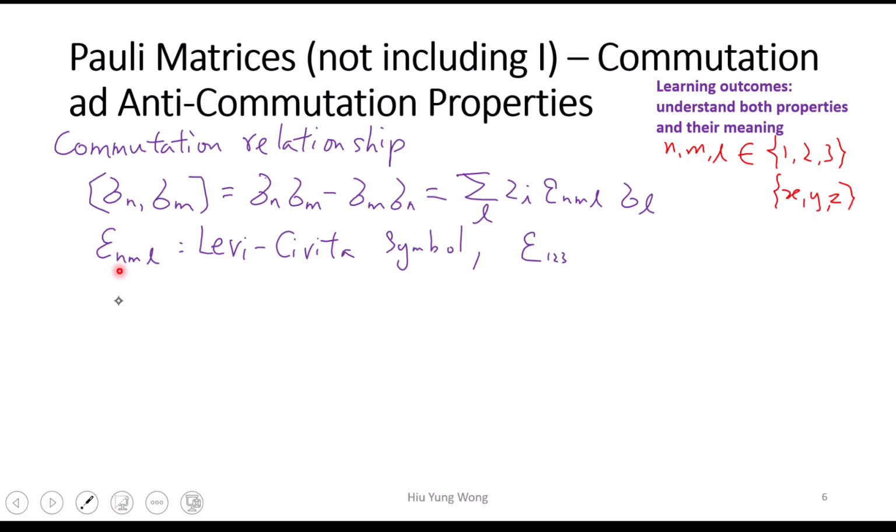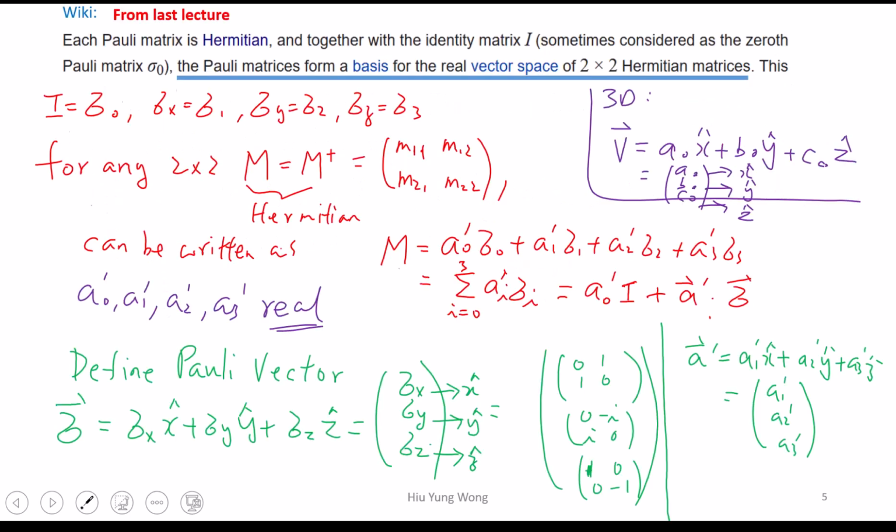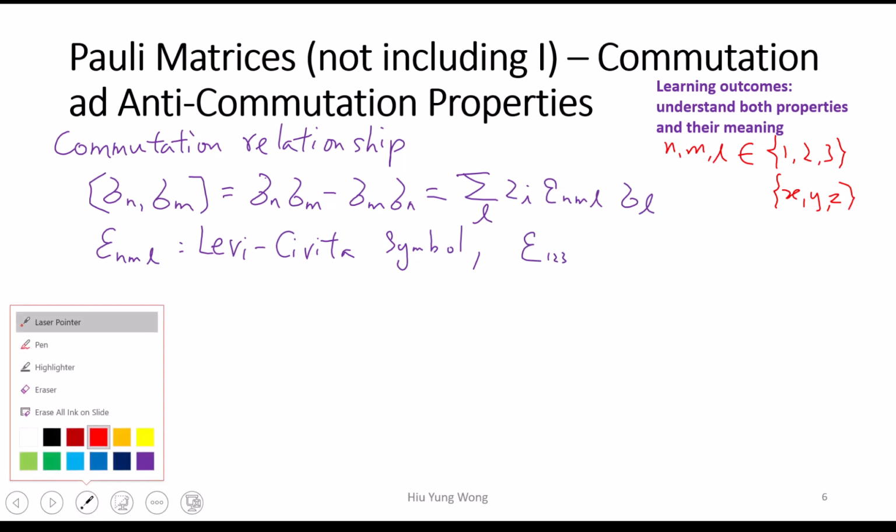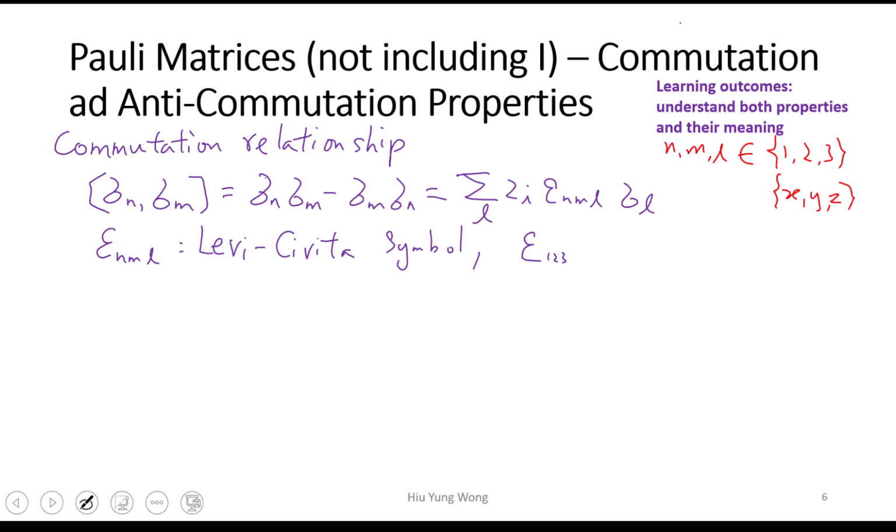So first of all, n, m, l are 3 indices. n can be 1, 2, 3, m can be 1, 2, 3. So given that, this is one way to learn it. This is not a formal definition, but it's equivalent. Epsilon 1, 2, 3 is equal to 1. Okay? If it's 1, 2, 3, then it is 1.